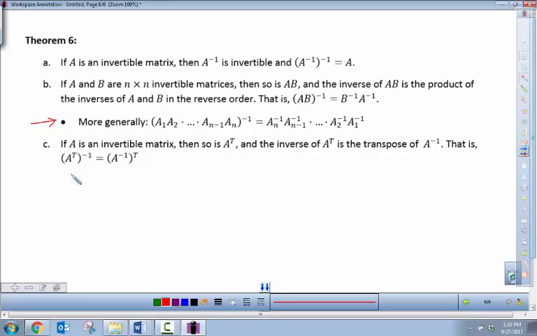The inverse of a transpose is the transpose of the inverse. So it really does look like the inverse and the transpose are intimately connected.